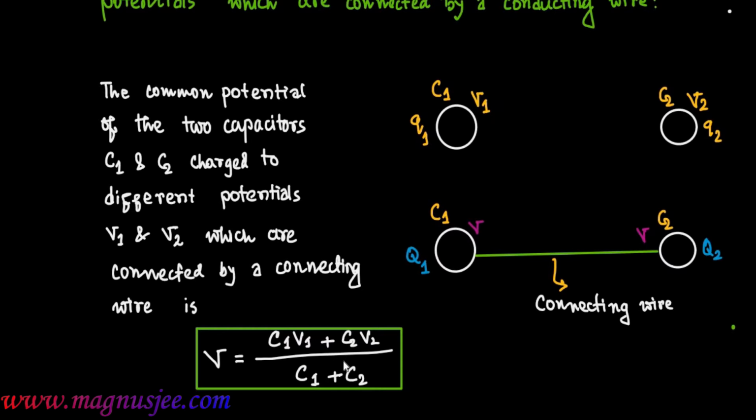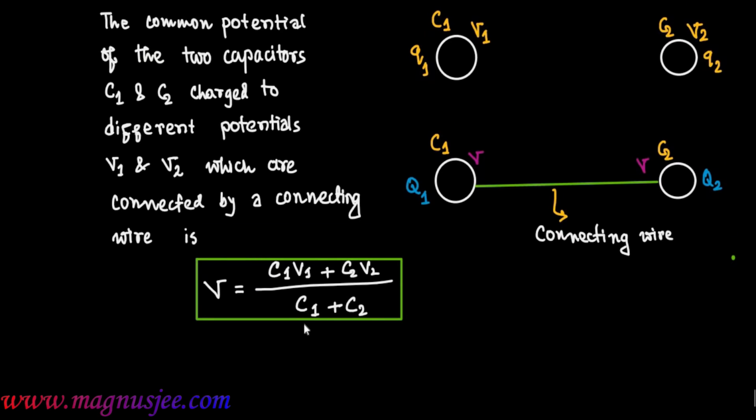That is the common potential of the two capacitors C1 and C2 charged to different potentials which are connected by a conducting wire.